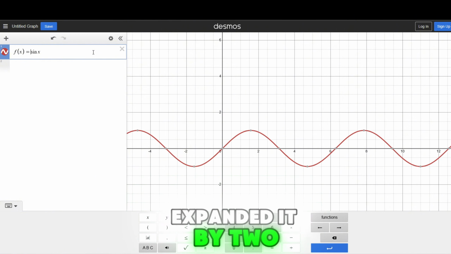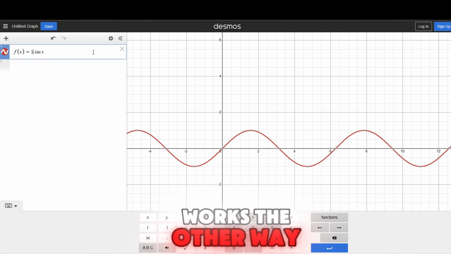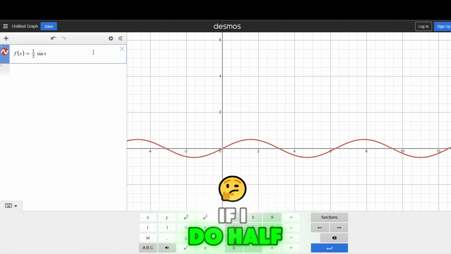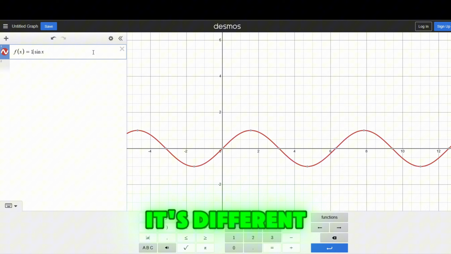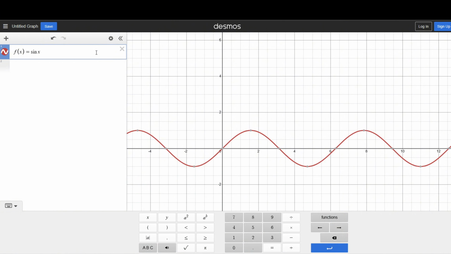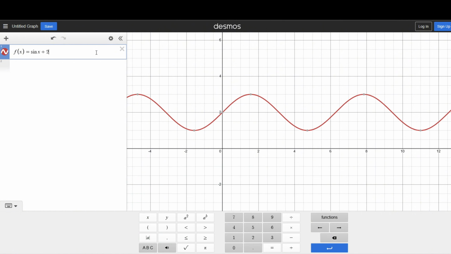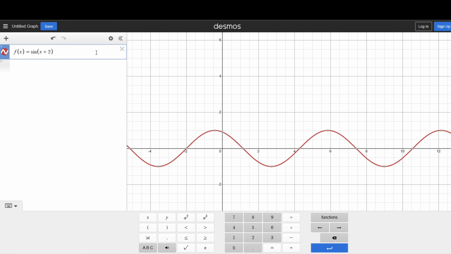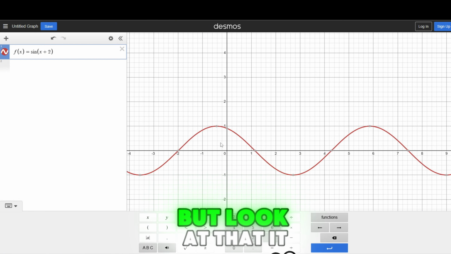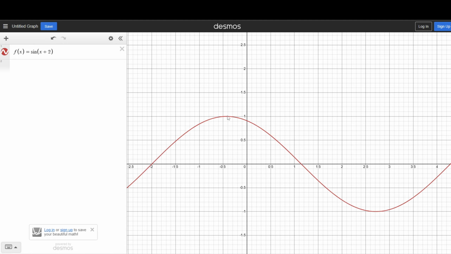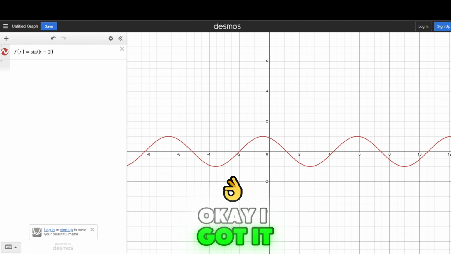We expanded it by 2, and then here, it works the other way around. If I do half of sine of x, it compresses. It's different. And then right here, that, and then that. Might not look like anything happened, but look at that. It went back. Okay, I got it.